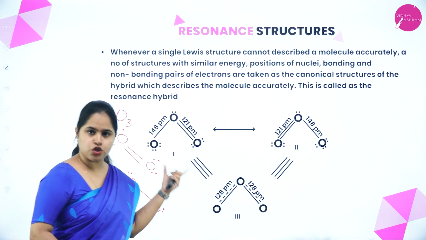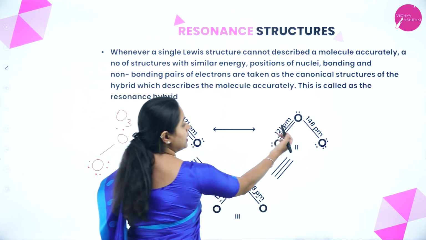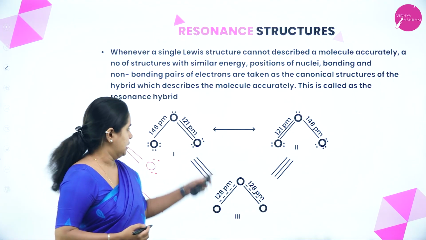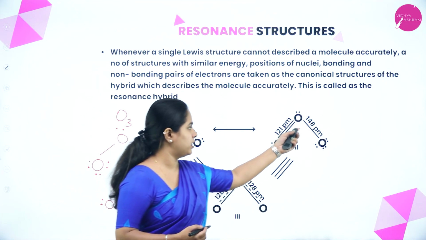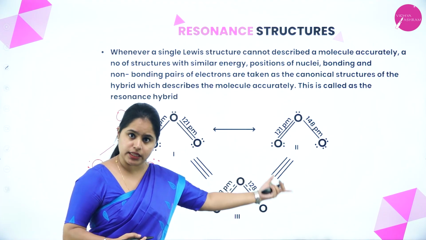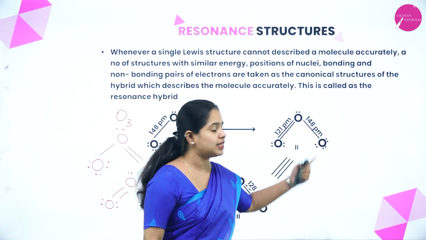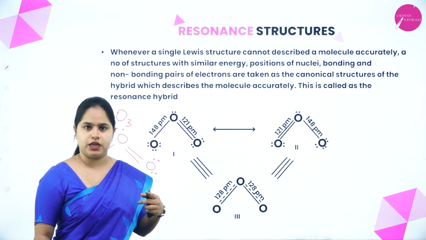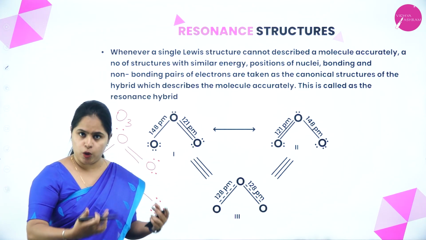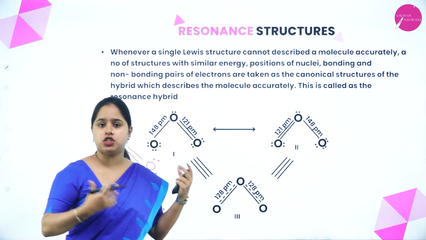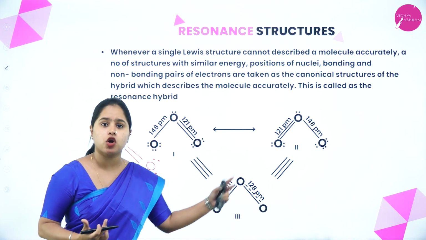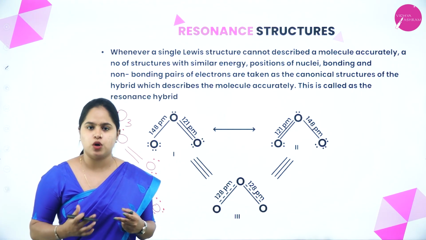The same ozone molecule can be represented in this form as well. The double bond can be here as well as here. In this structure, the double bond has 121 picometer bond length and the single bond has 148 picometer. So I hope you understood that both of these structures are possible. Both of the Lewis dot structures are correct for the ozone molecule.